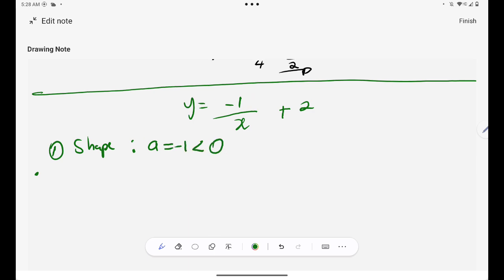Negative 1 is a number which is less than 0. Right, together. So therefore my graph will be on the second and fourth quadrant. Right, together. Number 2, the asymptotes.